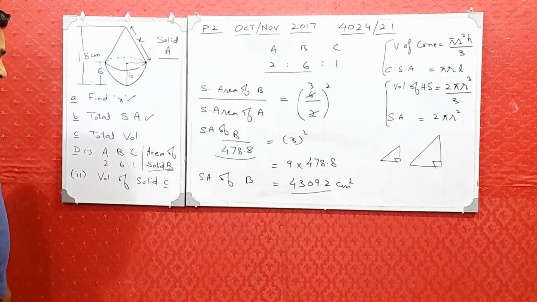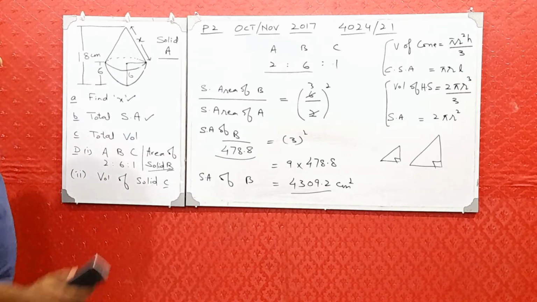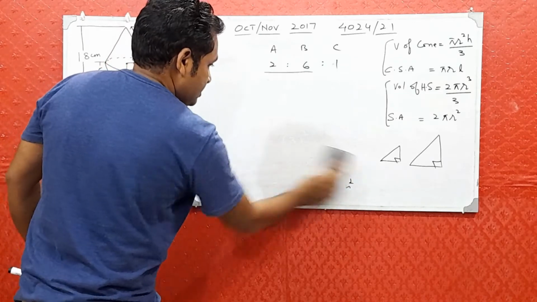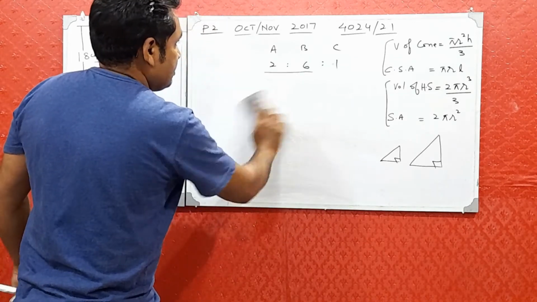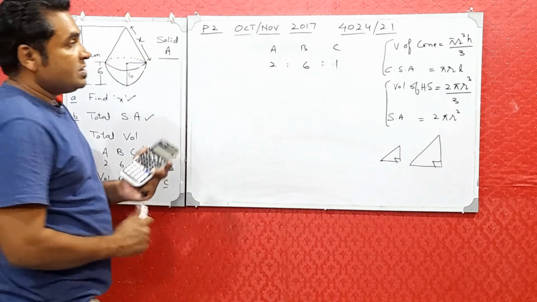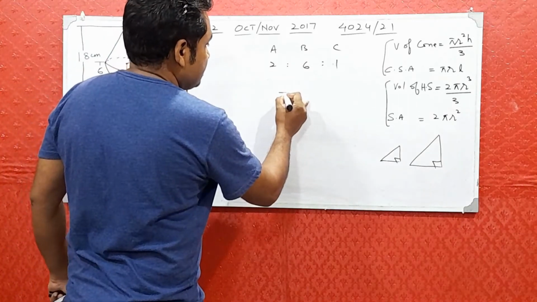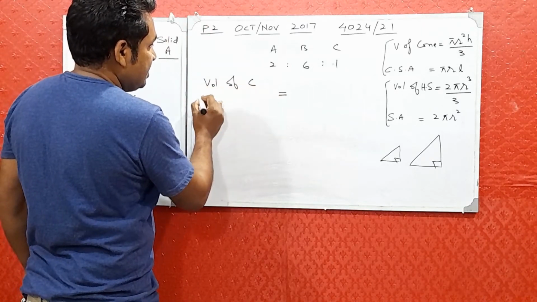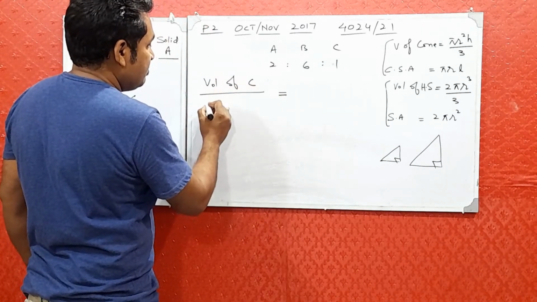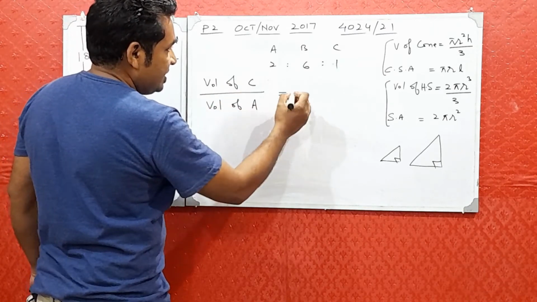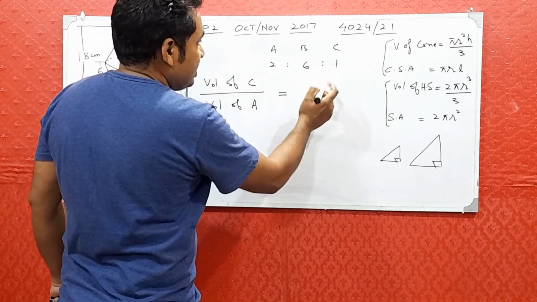Now we are supposed to find out the volume of solid C. Again we will use the same ratio, but now we are talking about the volume, so we write volume of solid C over, because we know the volume of solid A, the volume of solid A, equal to 1 over 2.